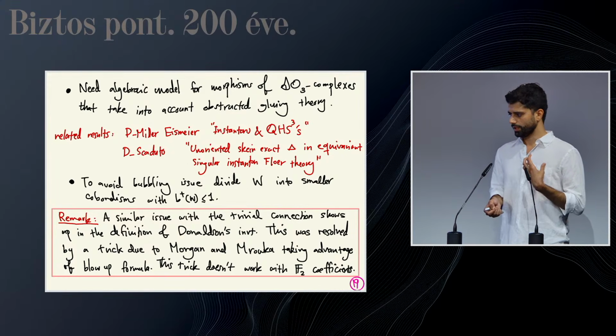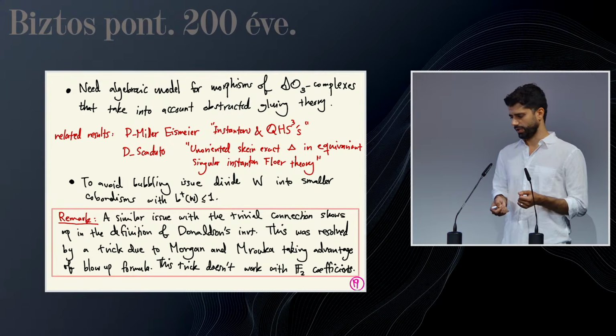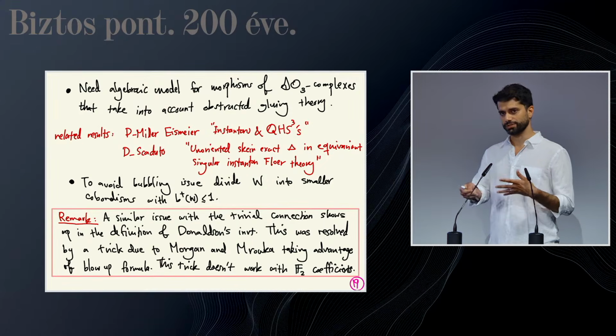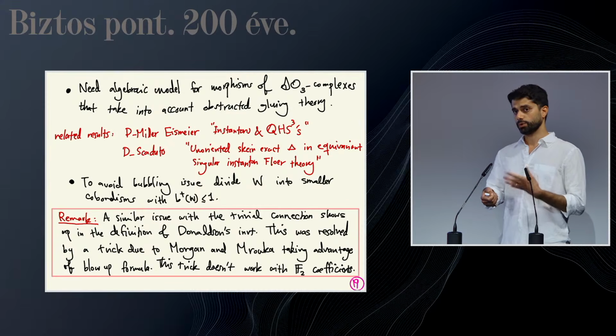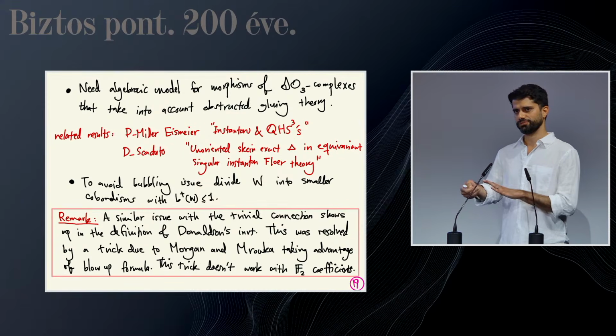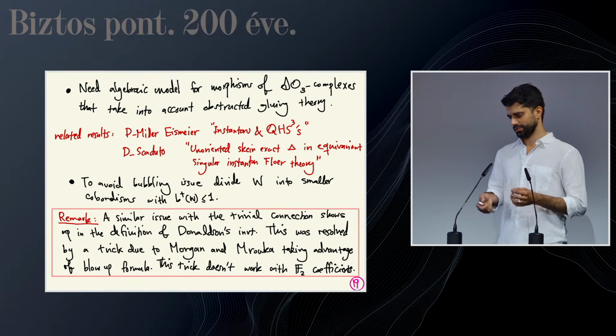There's a trivial connection which would mess up the definition of Donaldson invariants. Later on, John Morgan and Tom Mrowka used some trick which uses the Boa formula to get rid of that constraint and define Donaldson invariants in all degrees.